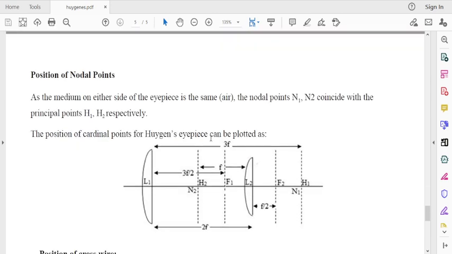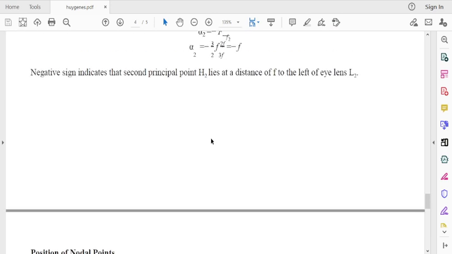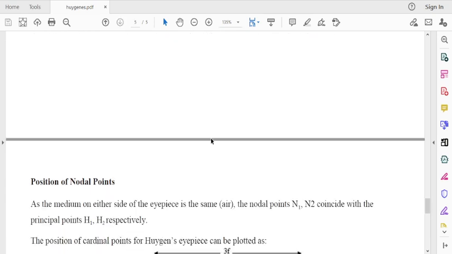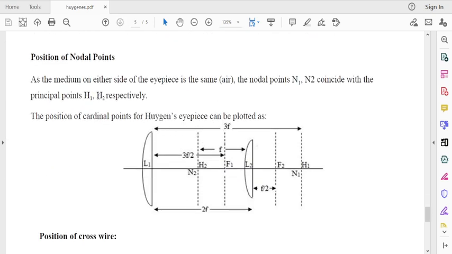Here again, what about the nodal points? As the medium on the other side of the eyepiece is the same, that is the air medium, the nodal points N1 and N2 coincide with the principal points H1 and H2.